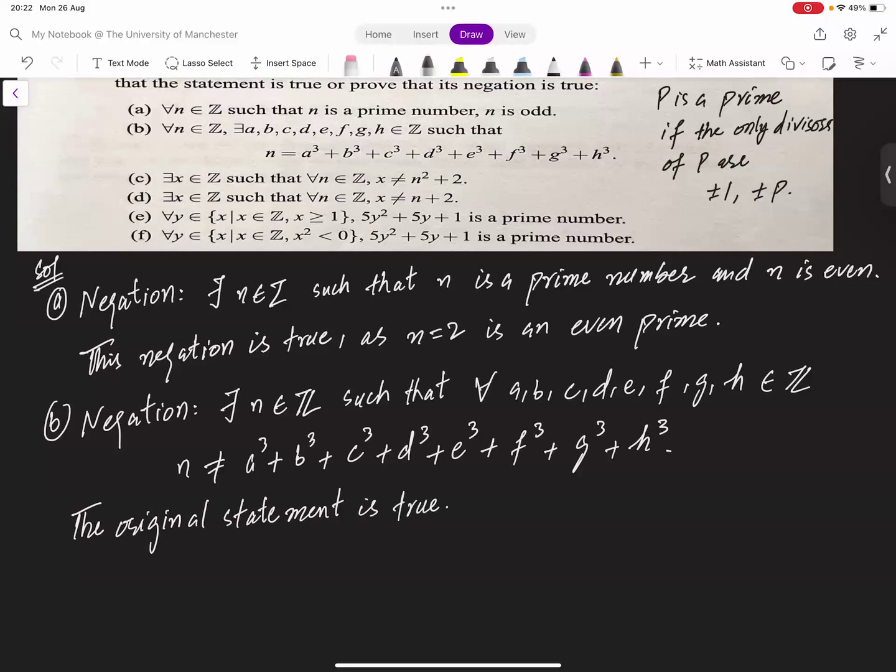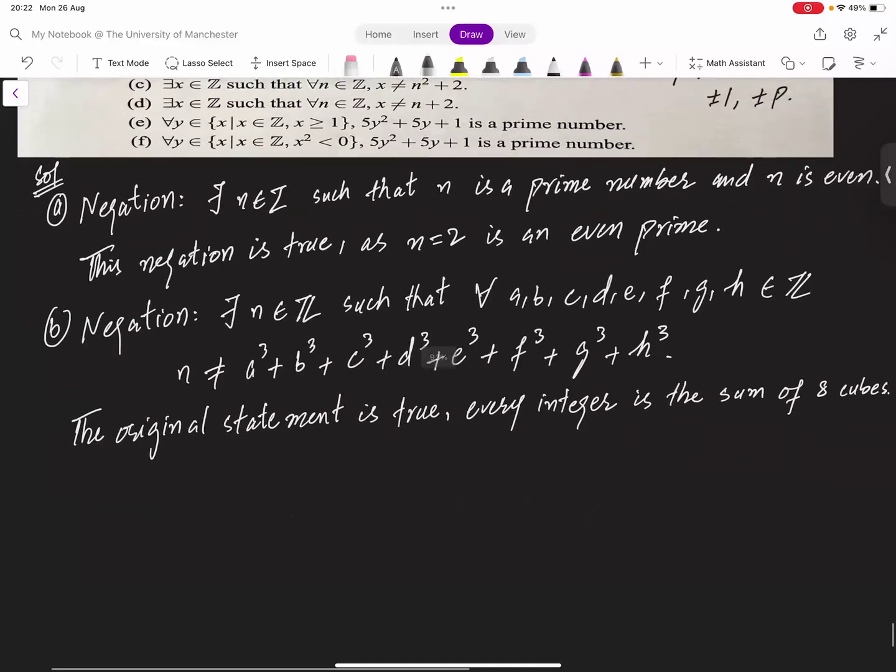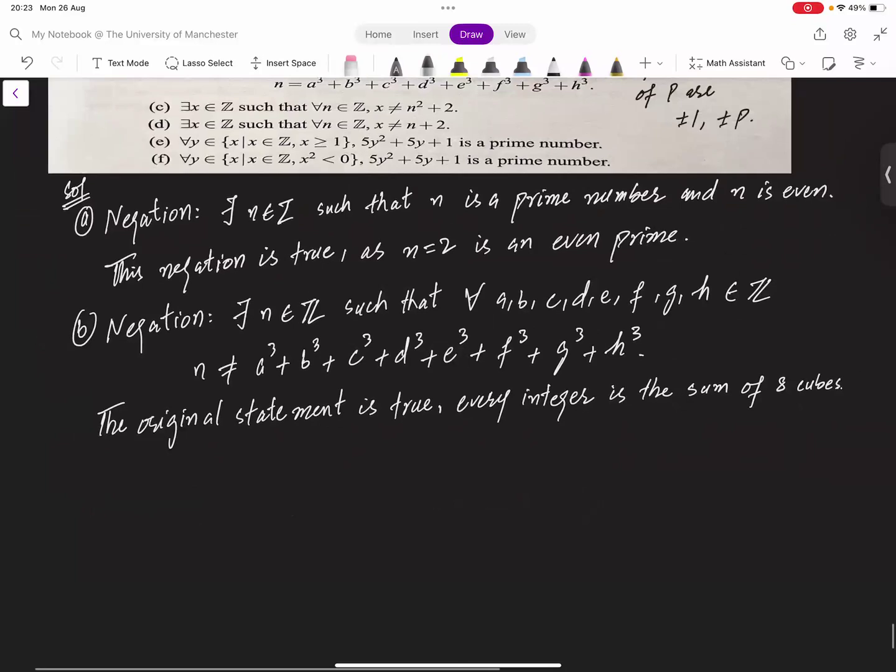What is the statement? Every integer is the sum of 8 cubes. That's very interesting. And this is tricky to prove, but here's the proof.